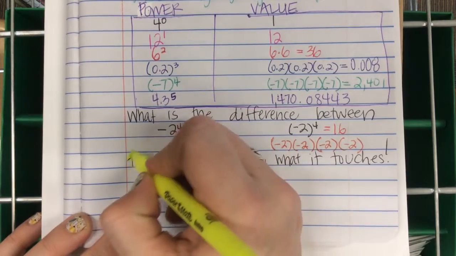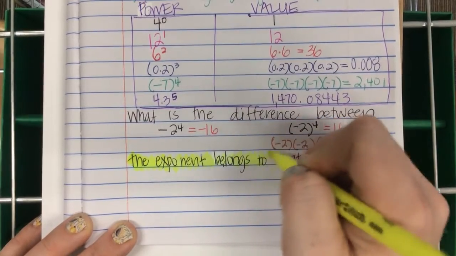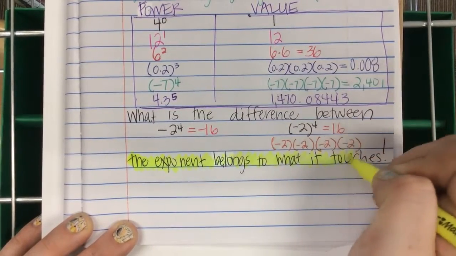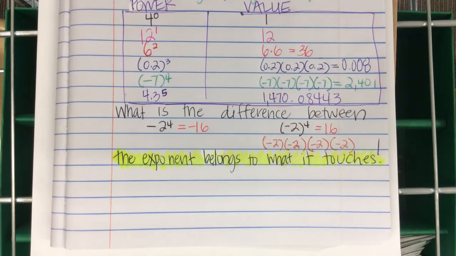And this is new from elementary school. The exponent only belongs to what it touches. Aaron, does your paper look like mine? The exponent belongs to only what it touches.